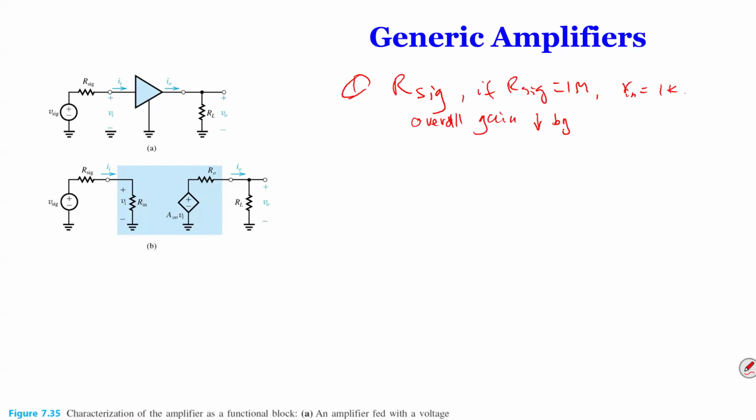Well, now you can solve this circuit. This is 1K, this is 1 meg. How much voltage do we get? It's 1 over 1,000. So your gain is reduced by 99.9%. Regardless of your amplifier gain in the middle, your actual gain will be much smaller because your Rsig is too big. In this case, your gain is reduced by 99.9%.